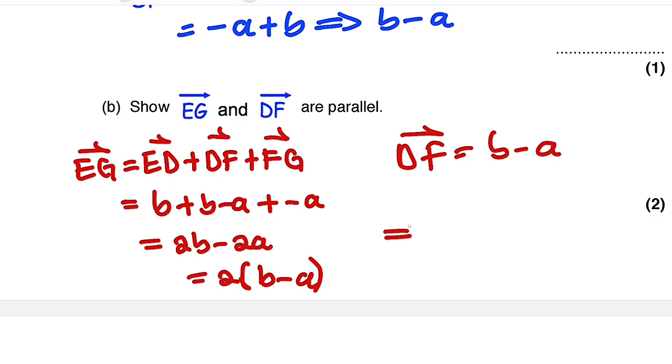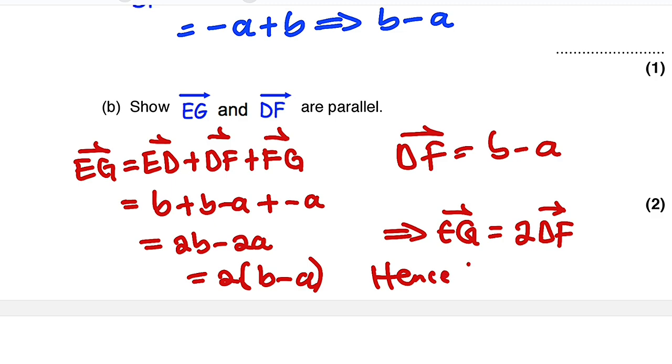Therefore, we can conclude that EG is equal to 2 multiplied by DF. And since they are constant multiples of each other, hence they are parallel.